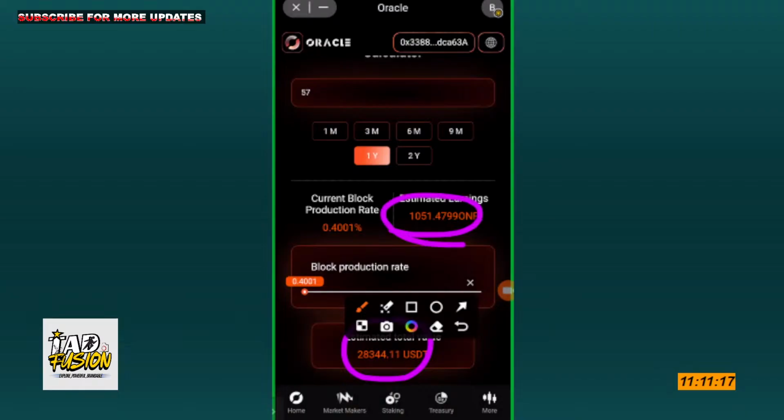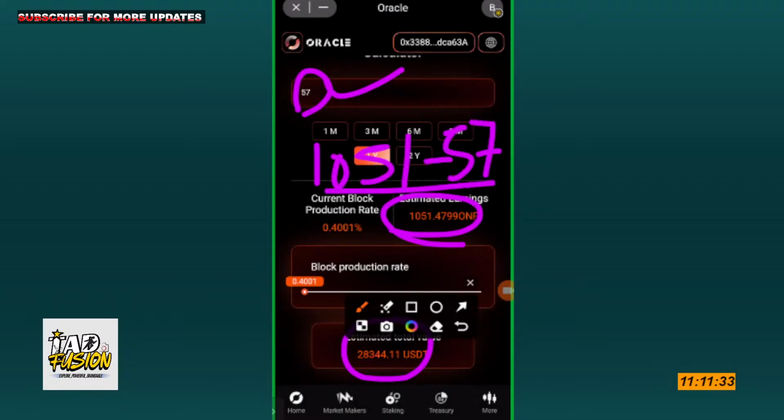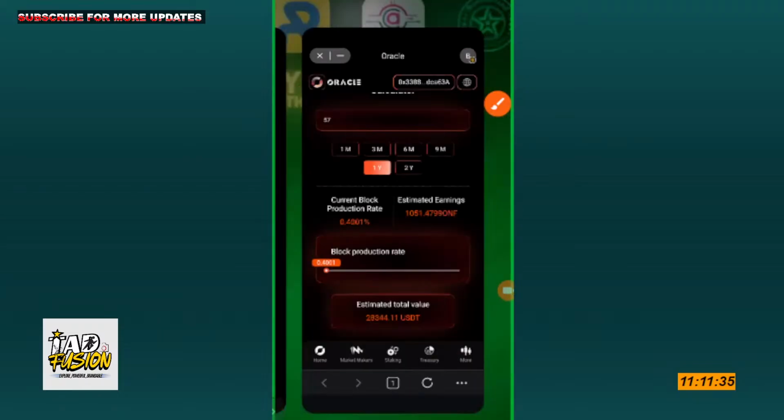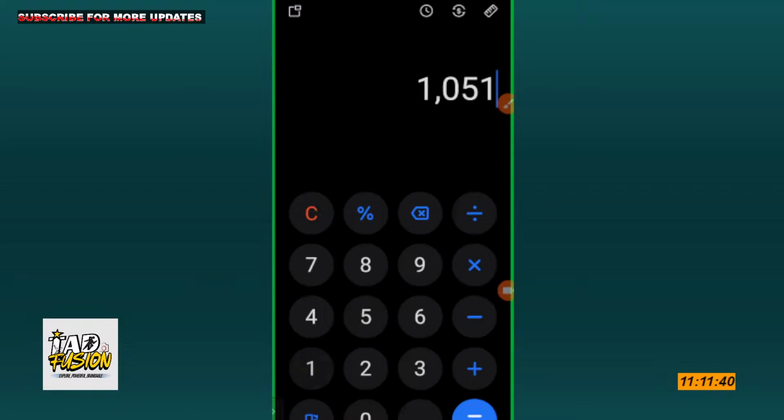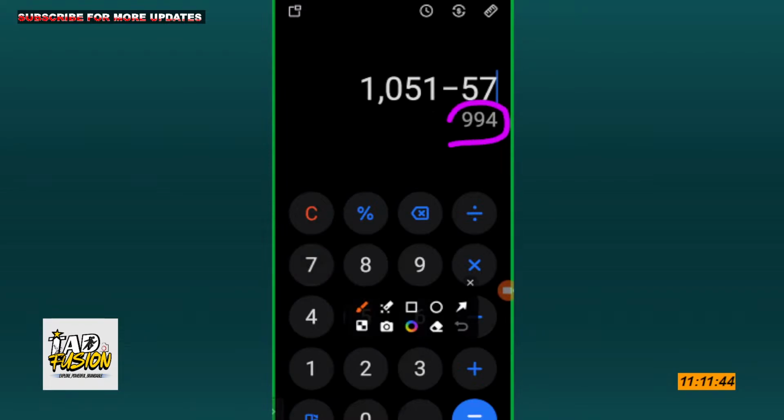So take 1,051 tokens minus 57 to know your profit, because the 57 tokens are your capital. The balance you remain with is 994 tokens.